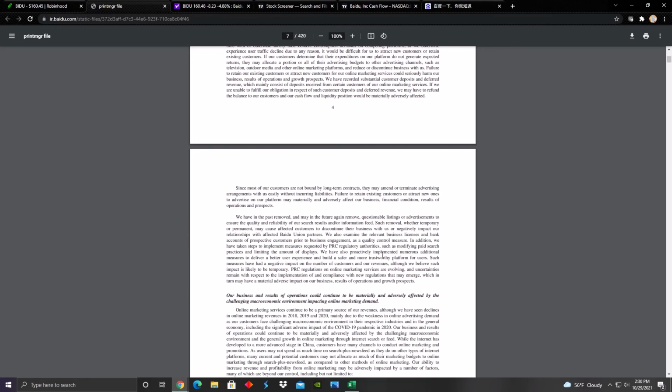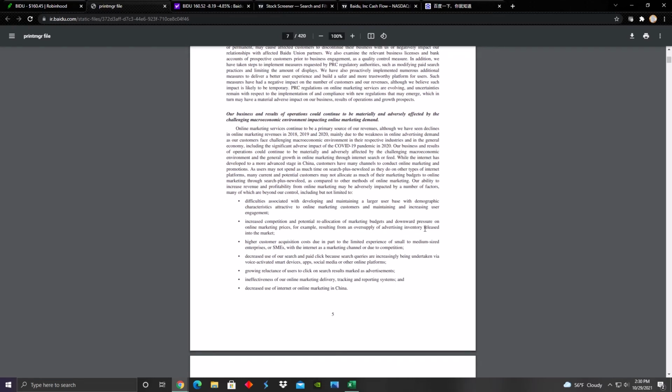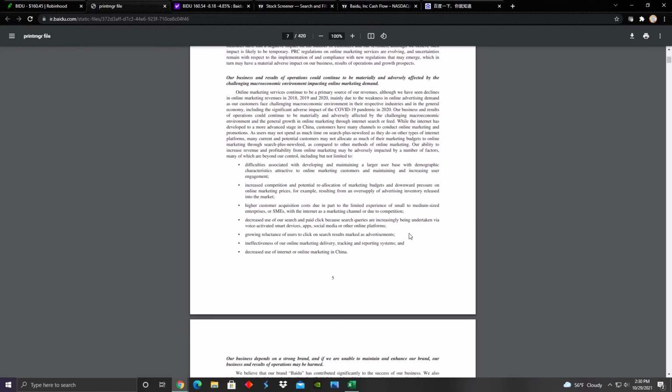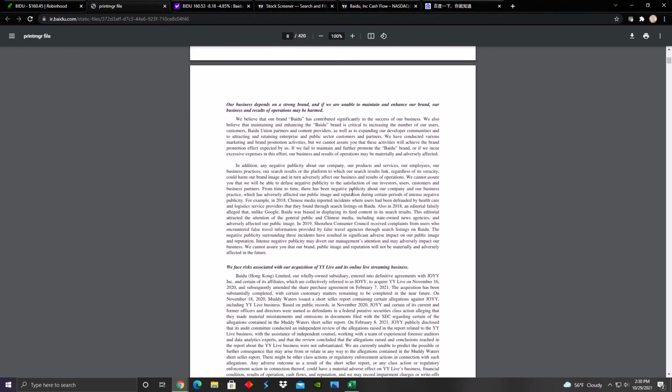Also, macroeconomic conditions, including the global pandemic in 2020, puts downward pressure on advertising prices. And Baidu's brand plays a strong part in their increased revenues and in them remaining competitive in the advertising space. So if they don't maintain and enhance their brand, then their revenues could be adversely affected in the future.